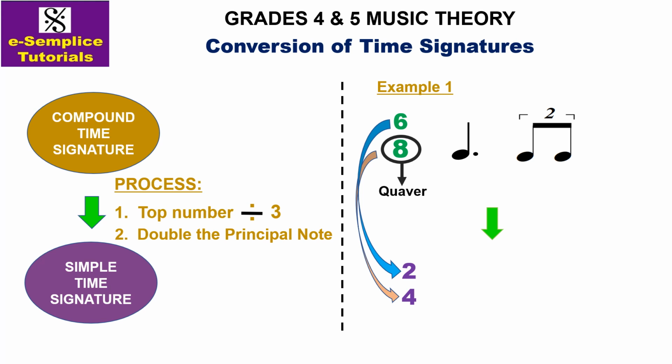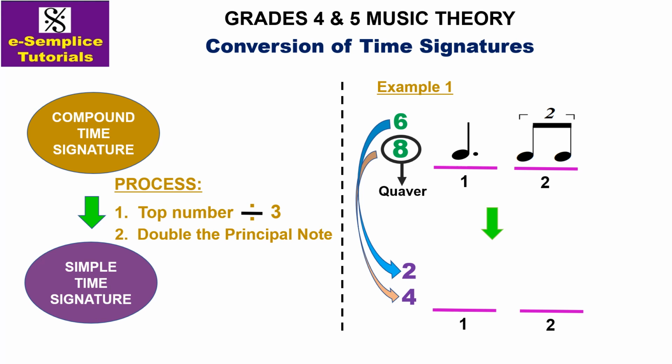Now, let's go further. 6/8 is a compound duple with 2 main beats per bar, while 2/4 time is also a duple time signature with 2 main beats per bar, only that it is simple. So how do we take those notes to this time signature without any flaw?